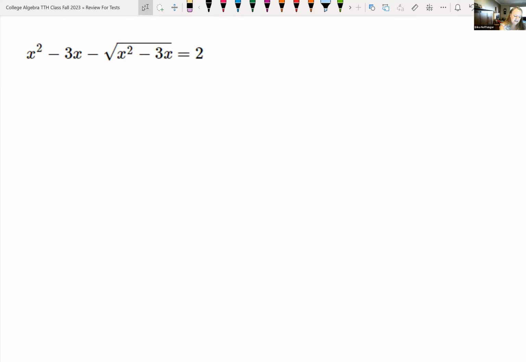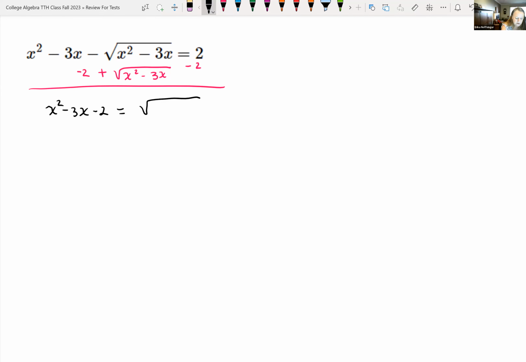Let's add the square root to both sides, and subtract 2 on both sides. Doing so, I get x squared minus 3x minus 2 equal to the square root of x squared minus 3x.